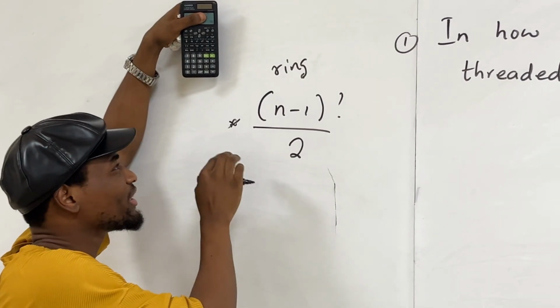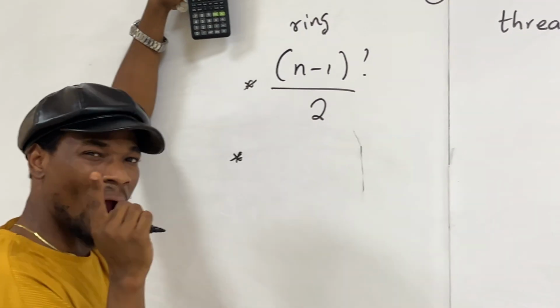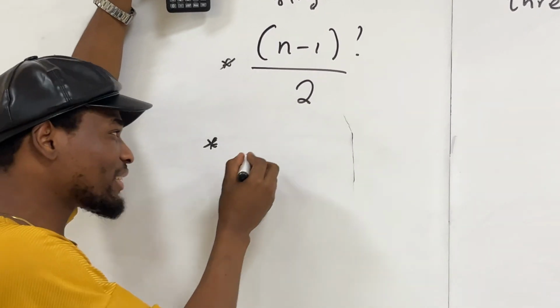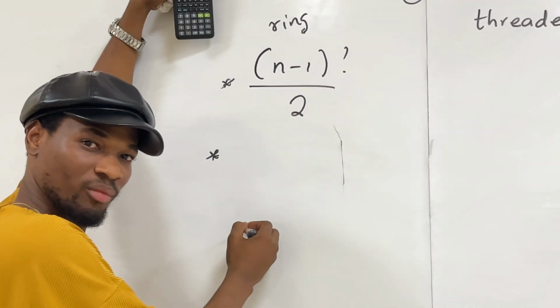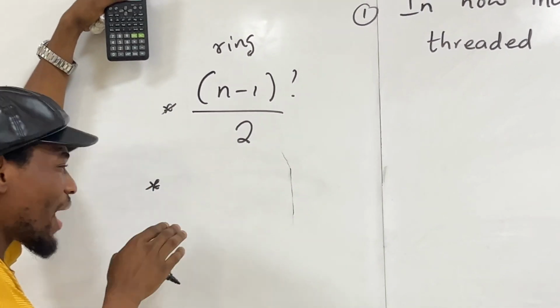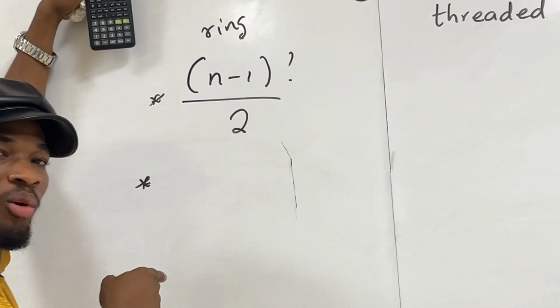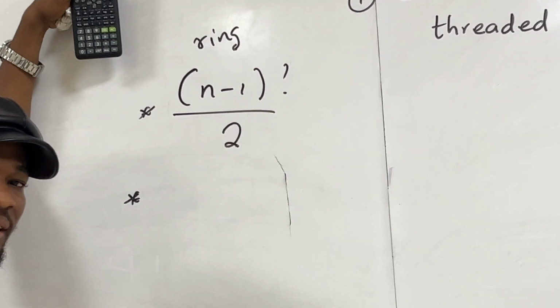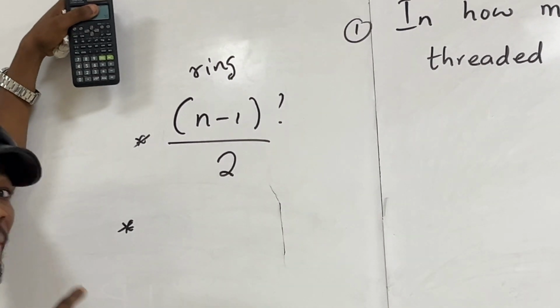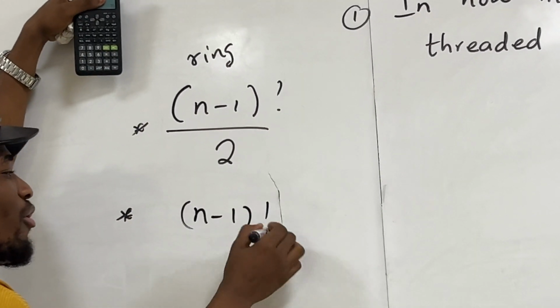When you are doing this arrangement on this ring, where the clockwise direction is considered equal to the anti-clockwise direction, you are still going to use the same formula.